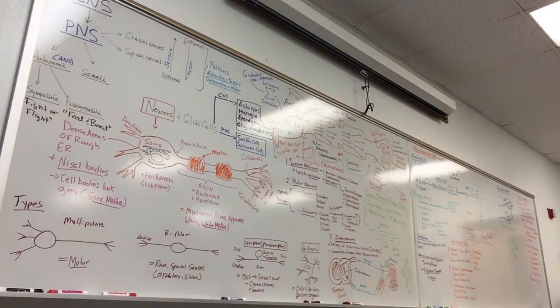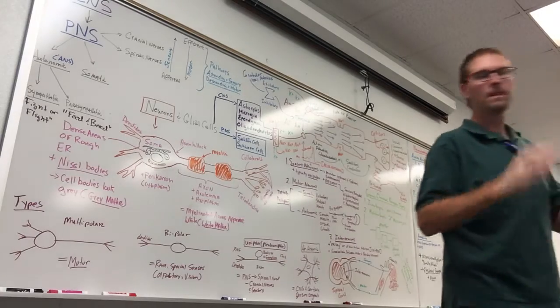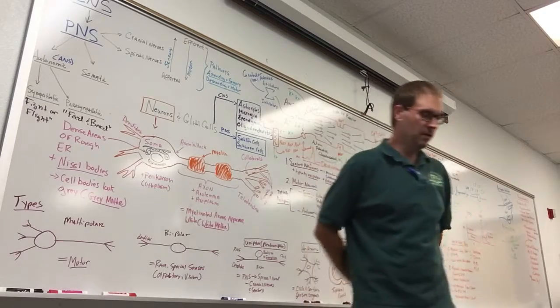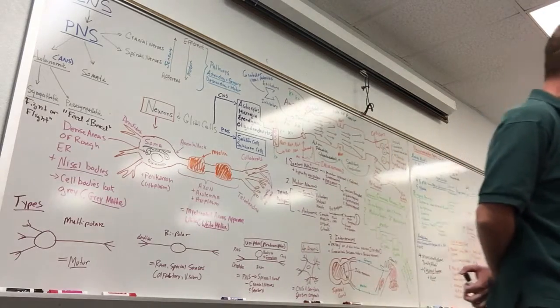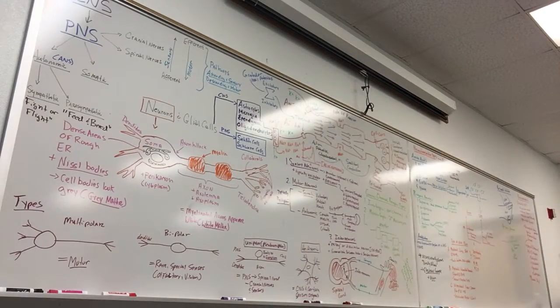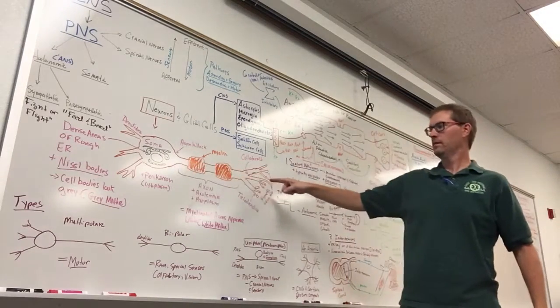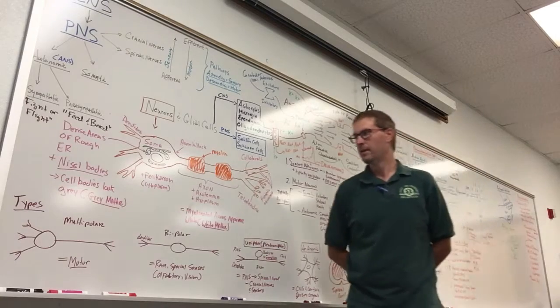A lot of the proteins and neurotransmitters for the neuron are manufactured in the soma, and then they are transported down the axon by kinetic proteins that move, like kinesin is a big one that transports stuff from the soma to the axon terminals.